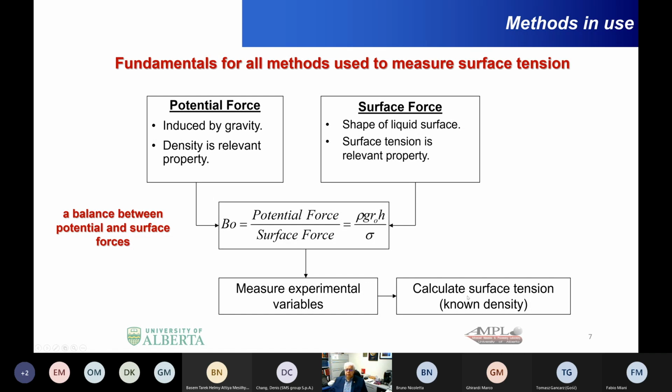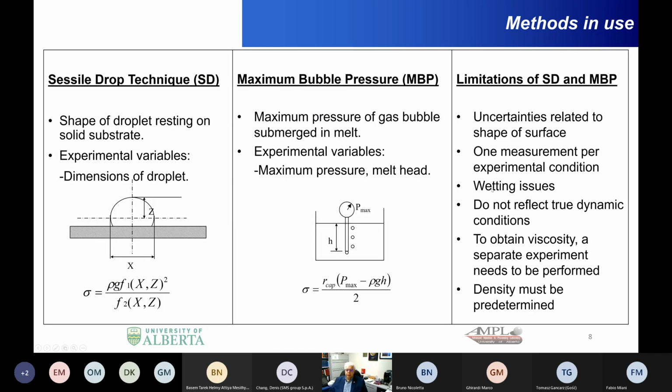And so that one example of surface tension leads us to say that we need more than one technique to be able to measure all these 3 properties. Here I'm going to talk about 2 different examples. One is the sessile drop technique that everybody's read about and knows about and maybe even practices.